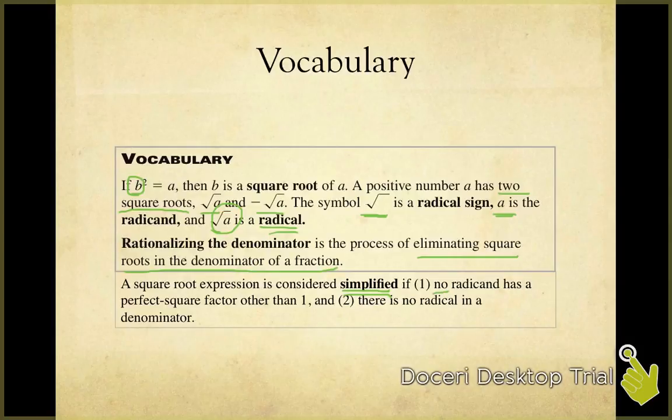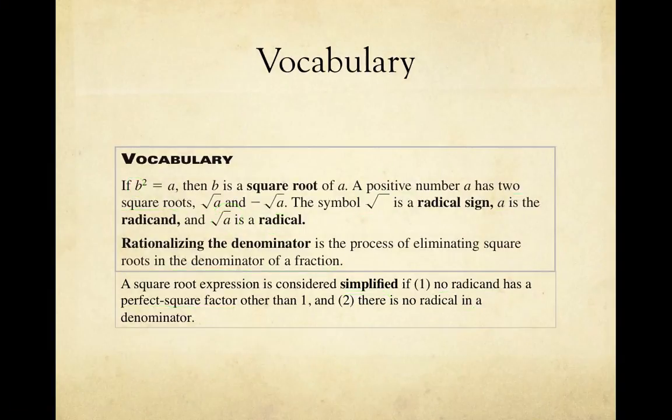The first is that no radicand, so remember that's the part that is inside of the radical sign, has a perfect square factor other than 1. So if any radicand still has a factor in it that would be a perfect square, then it's not considered simplified. And then the second criteria is that there is no radical in a denominator. So if that's the case, then we'll have to go through this process of rationalizing the denominator in order to be considered completely simplified.